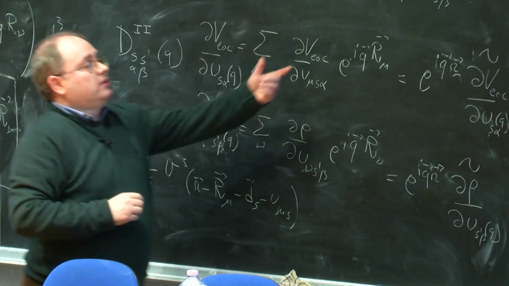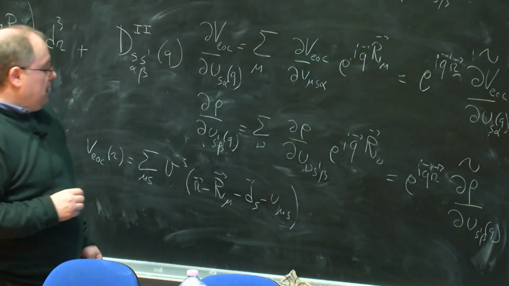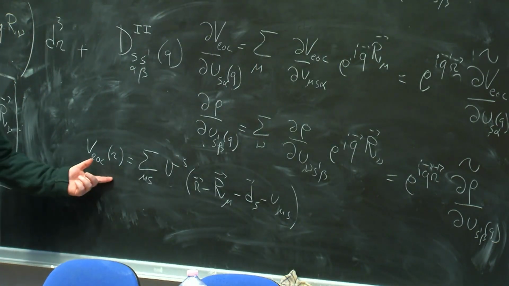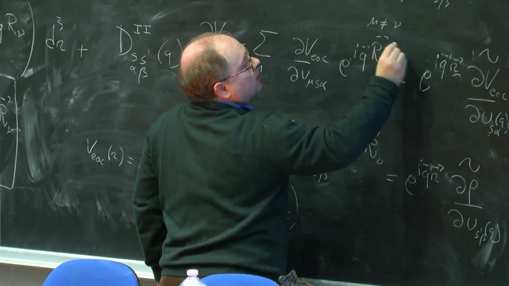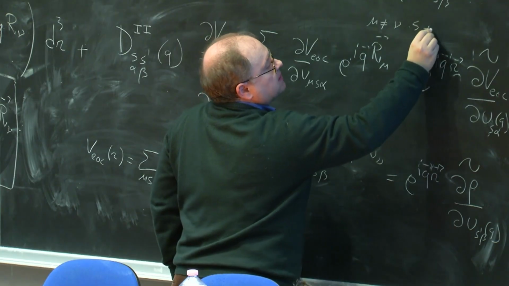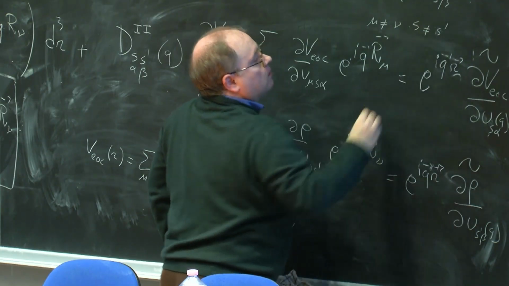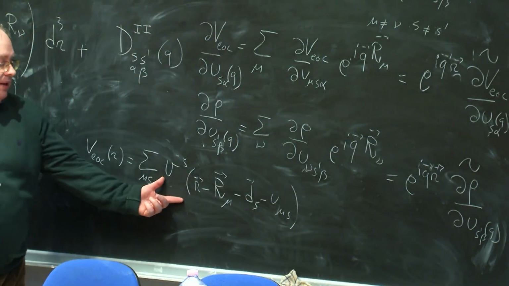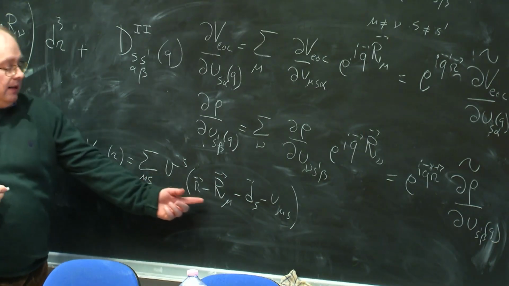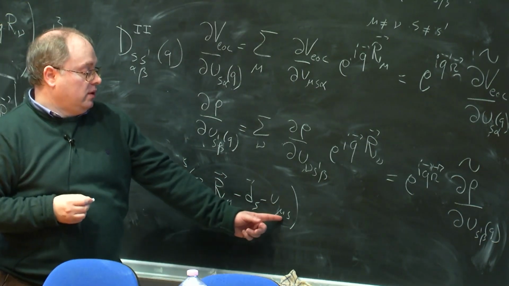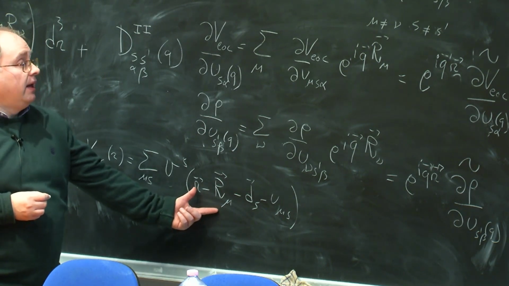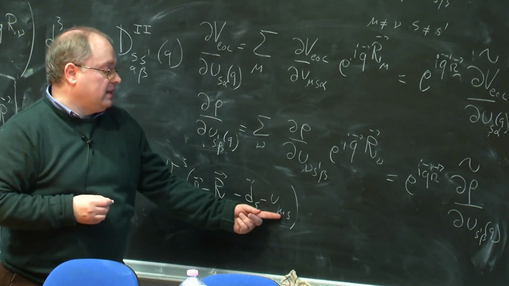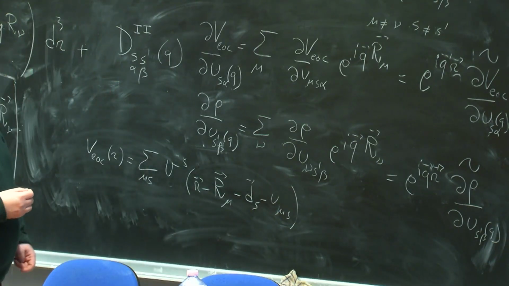So this second derivative is actually 0 if mu is different from nu or S is different from S prime. Because when I do one derivative, the term u s is in only one of these terms, and then I have to do the derivative with respect to the same atom.